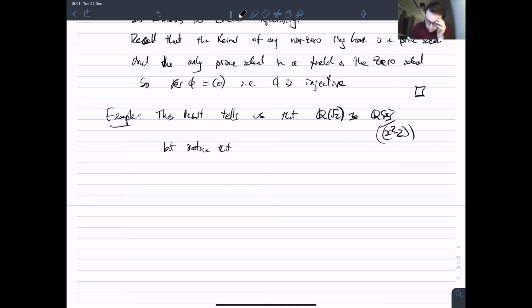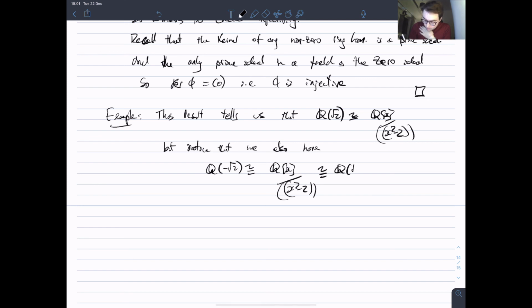So if I had taken the other root in this case, Q(minus root 2) is isomorphic to Q[x] mod x squared minus 2, because I can just take the polynomial and evaluate it at minus root 2. So if you combine these things, Q(root 2) is isomorphic to Q(minus root 2).